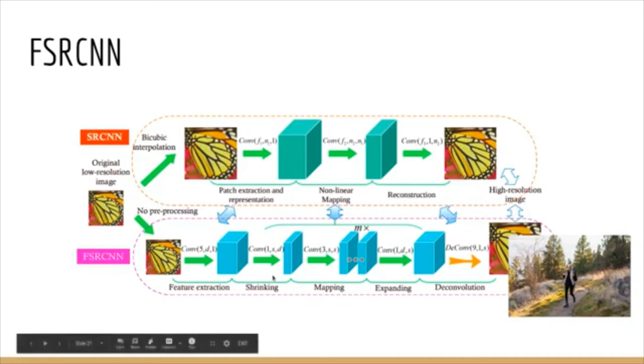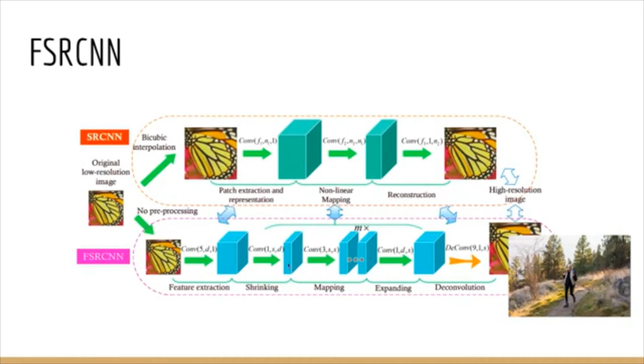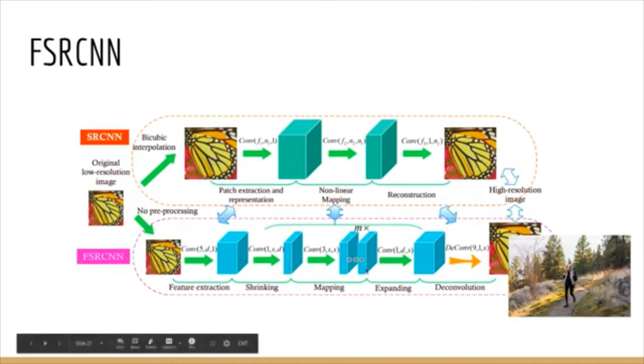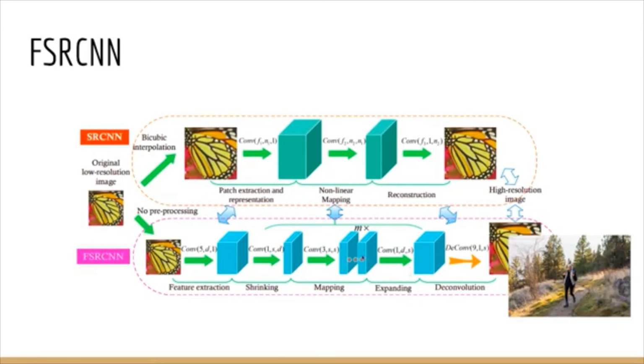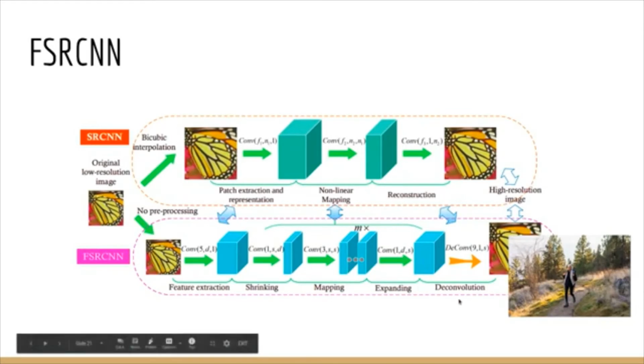You're creating a higher level representation of the features compared to the raw features we extracted, and then the mapping happens between the shrunken features and the features to be expanded, and this expanding is effectively a transpose convolution or a deconvolution, depending on how you would try to implement. And then that reconstructed features is passed through a deconvolution operation, and a high resolution image is produced.